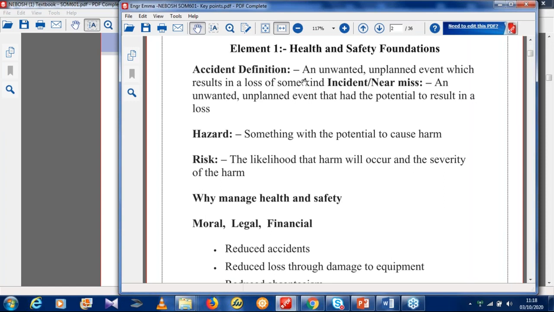We'll be familiarizing ourselves with these terminologies, starting with the first element, the foundation. In the course of this course, we'll be looking at 5 different elements.